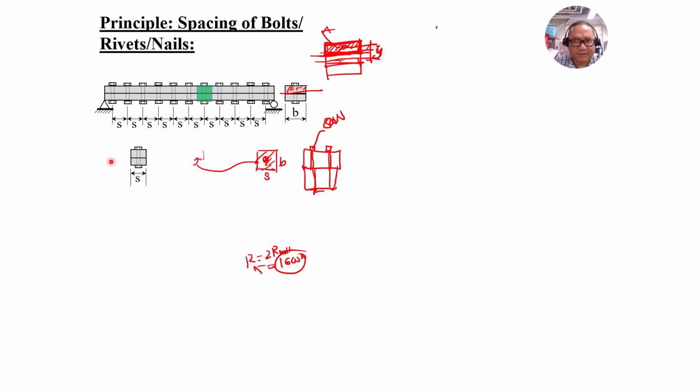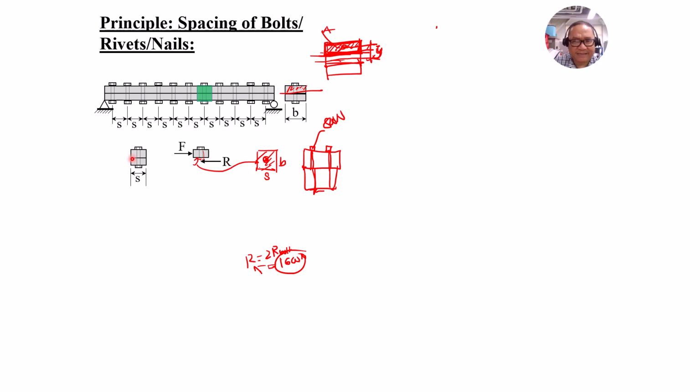let's remove the solid section. It is now a section which is free to slide, but sliding is prevented by the presence of the body of the bolt. So we have here the force that pushes the upper part of this plank, and it will be resisted or equated by the shear resistance of the bolt or nail.